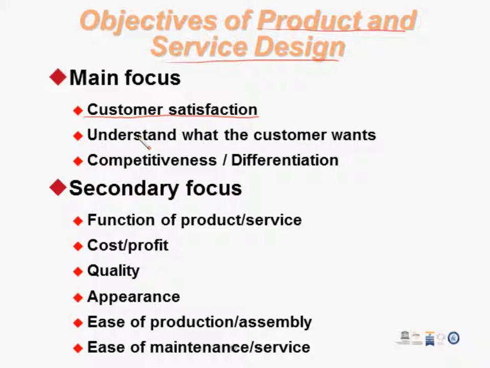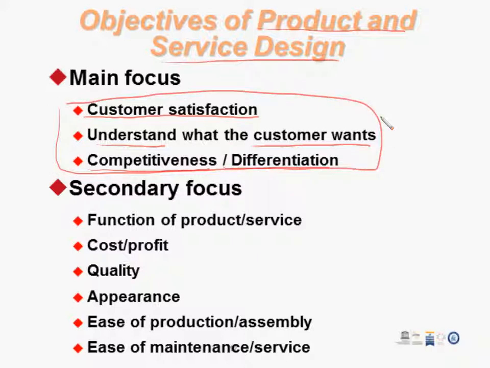We need to understand customer needs, and then we try to develop product or service to satisfy customers. Then we need to understand customers' wants, and also how to develop competitiveness. How our product or service should be different compared to our other competitors. These are the main objectives of your product design.